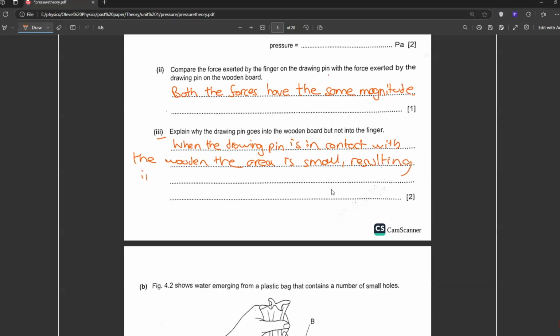And if your pressure is greater, what will happen? Hence the drawing pin goes inside the wooden board. Simple as that, nothing complicated.